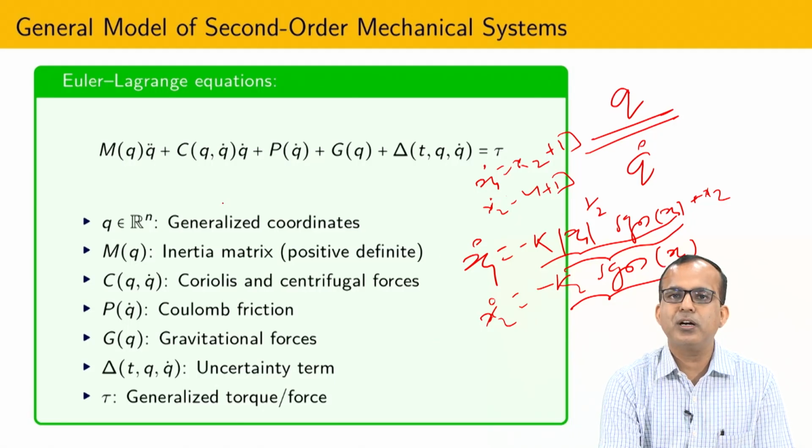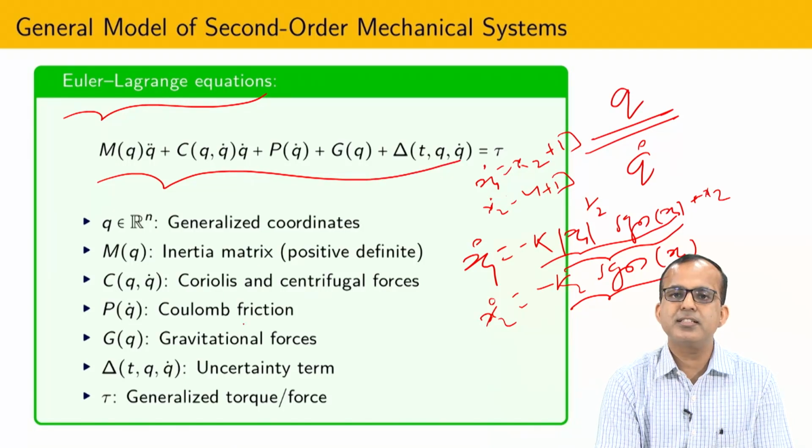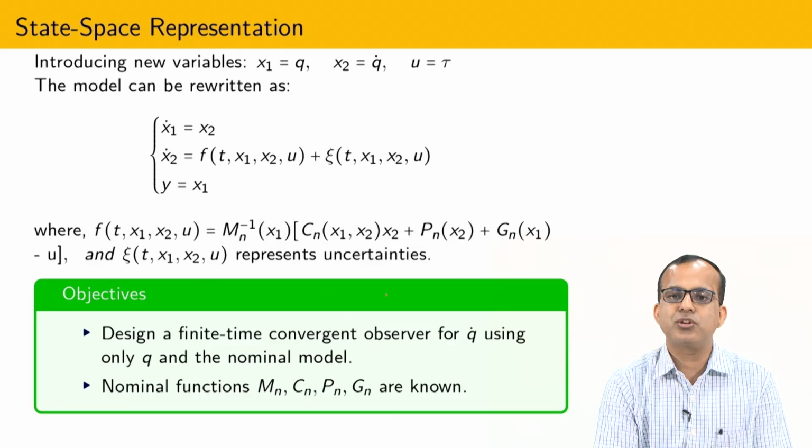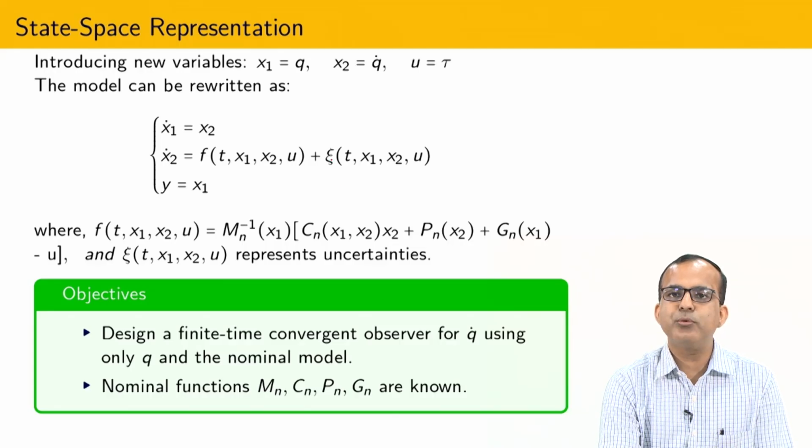Most mechanical systems, particularly the Euler-Lagrange system, are basically represented by this, and I have talked about this system several times. You can see here that I am also assuming some kind of uncertainty term, and tau is nothing but the generalized torque. Now, one can represent this system by second order dynamics.